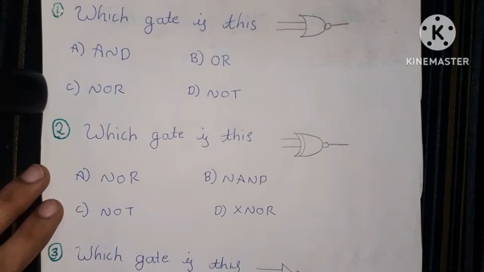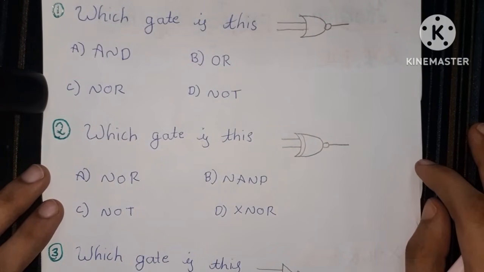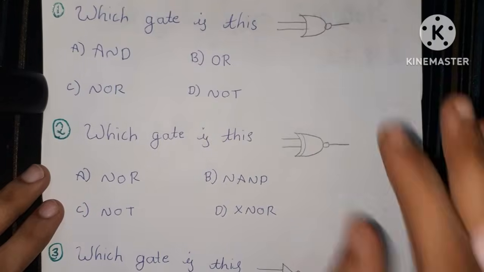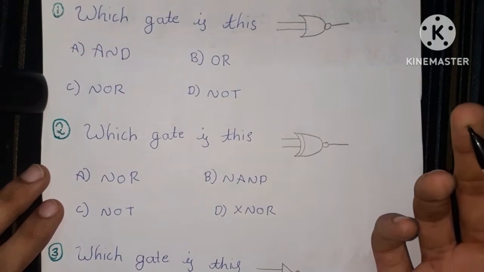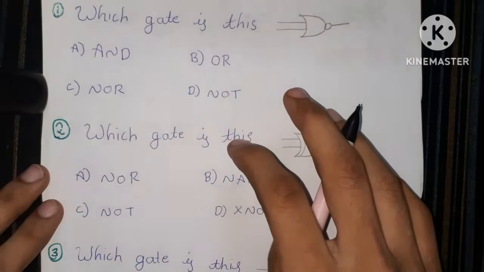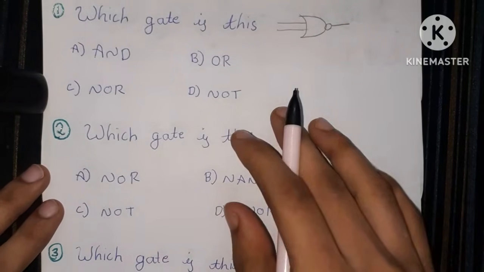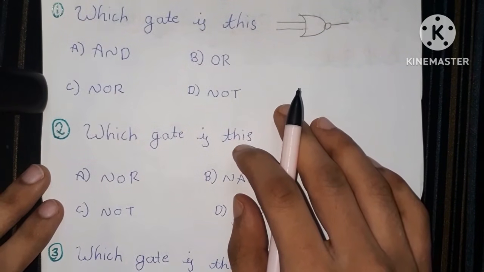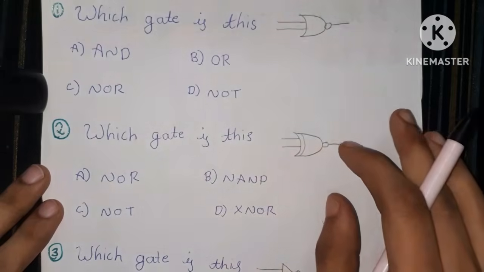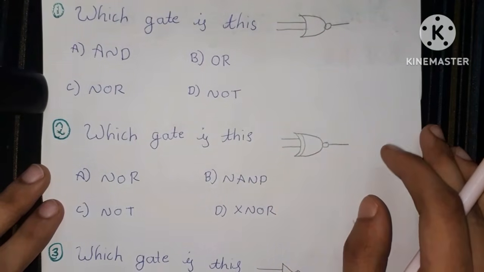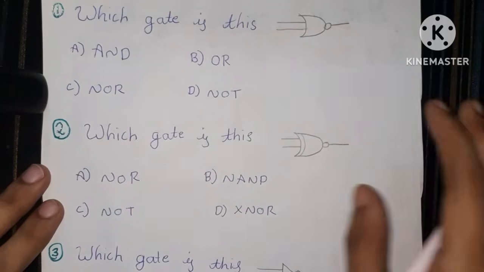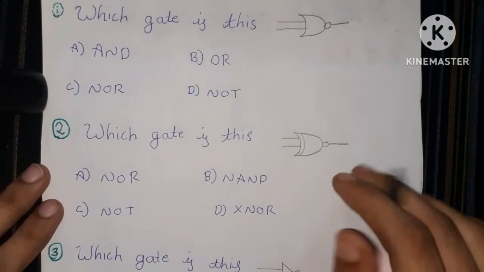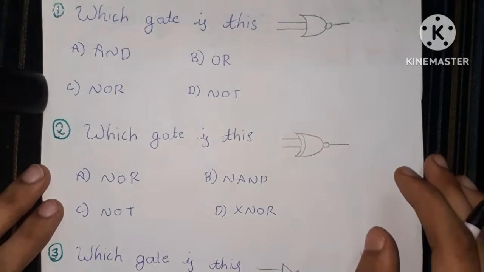Before starting this, I am requesting you to pause the video whenever we are discussing a problem and try to solve it on your own. Then only it will be useful for you. Otherwise it will be of no use. If I am solving and you are just seeing, it will be of no use for you. Take a pen, copy and try along with me.